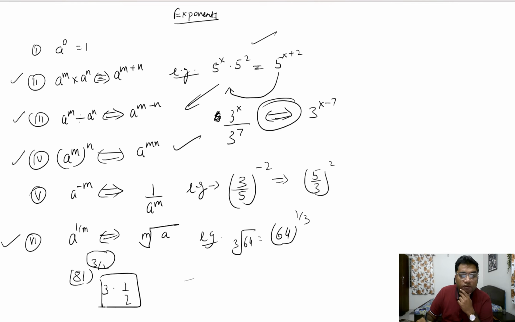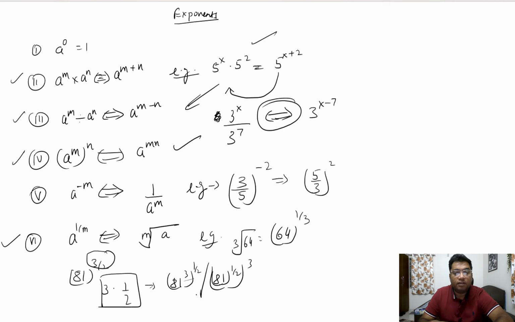And multiplication of exponents, if you notice, is applicable on rule number 4. So a to the power m whole to the power n can be written as a to the power mn, right? So 3 into 1 by 2, what I can do is I can distribute it as 81 to the power 3 whole to the power 1 by 2, or 81 to the power 1 by 2 whole to the power 3.